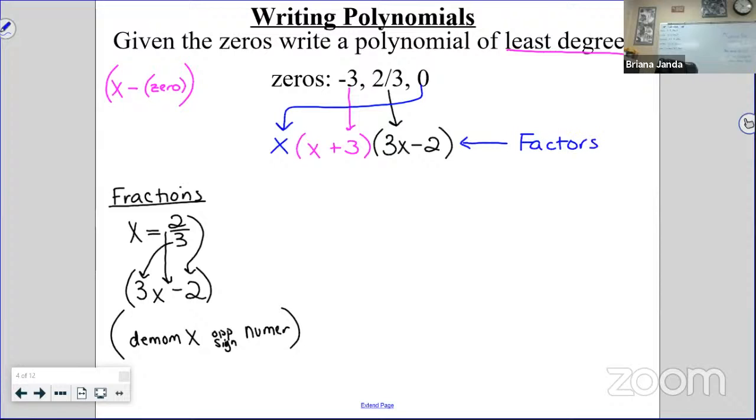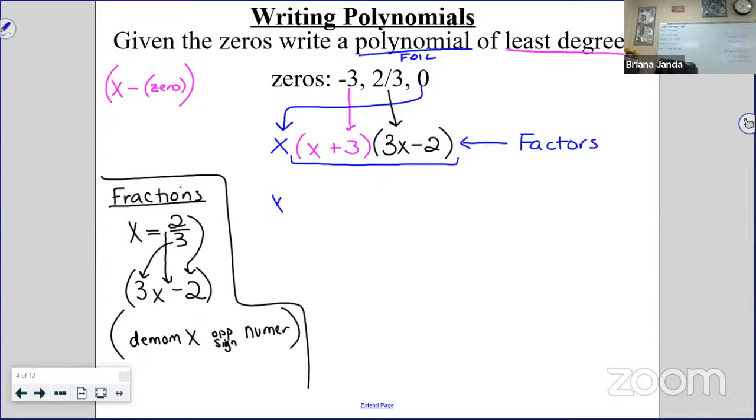The question is find the polynomial, which means we need to FOIL to get there. So we have our list of factors set up, FOIL to get to your actual answer of the polynomial. When you have a GCF, I would save that to the very last thing I do. Distribute your GCF is the very last thing. So you'll see me start here and FOIL this, bring that x down.